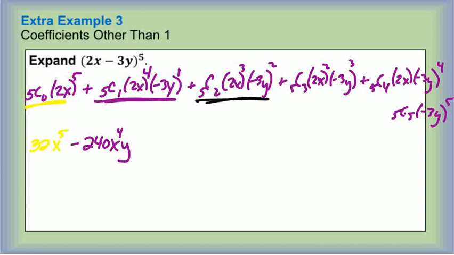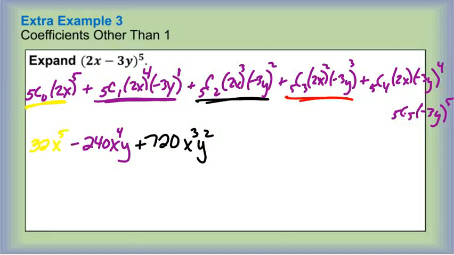This one would be 5 choose 2, gives us 10. 2 cubed is 8, so times 8, 10 times 8 is 80, times negative 3 squared, that's 9, so times 9 gives us 720, so plus 720 x to the 3rd y squared.